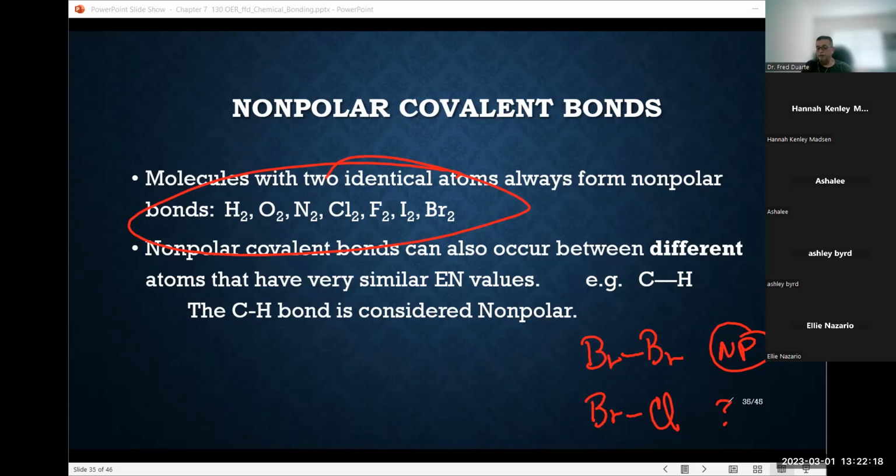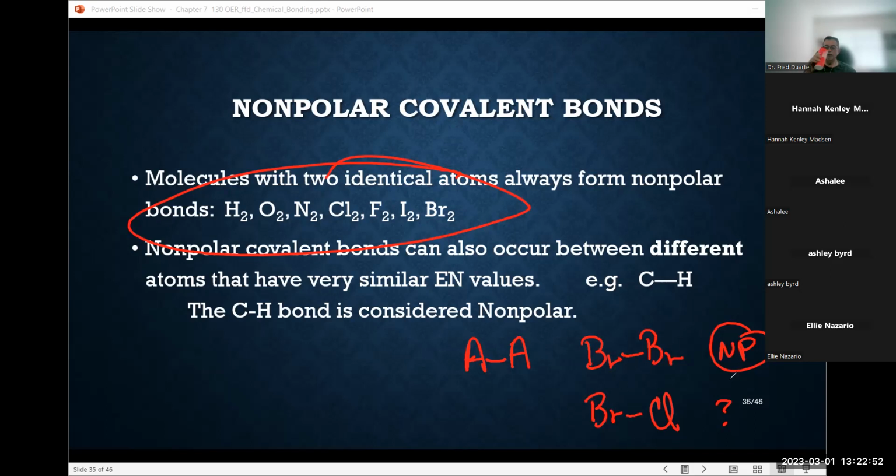We agree that the Br-Br bond is nonpolar, given that, as I stated, this is an example of the generic formula A bonded to A. But what if I were to replace one of the bromines with chlorine, or for that matter, anything else? Do I still have a nonpolar bond? What do you think?